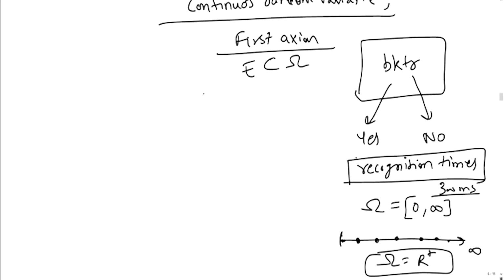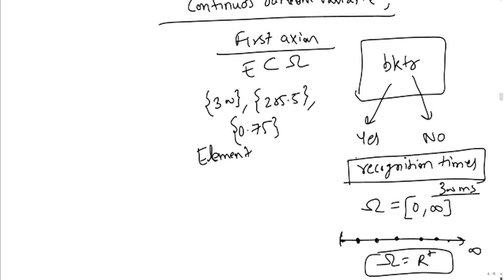If I talk about a set containing only one member, let's say 300 milliseconds, or a set containing only 255.5 milliseconds, or a set containing only 0.75, these are all possible events. What kind of events are these? These are elementary events because they contain exactly one member. So any point on this real number line would be an elementary event.